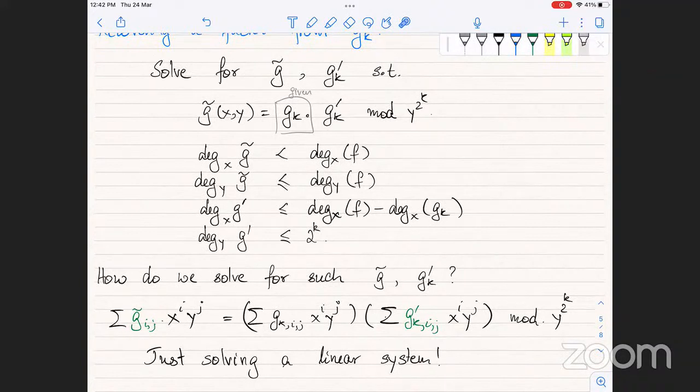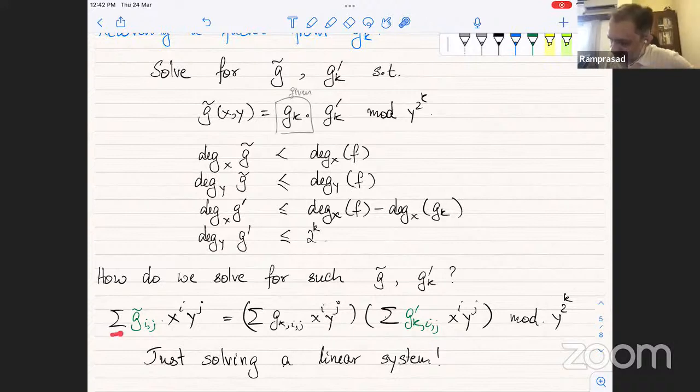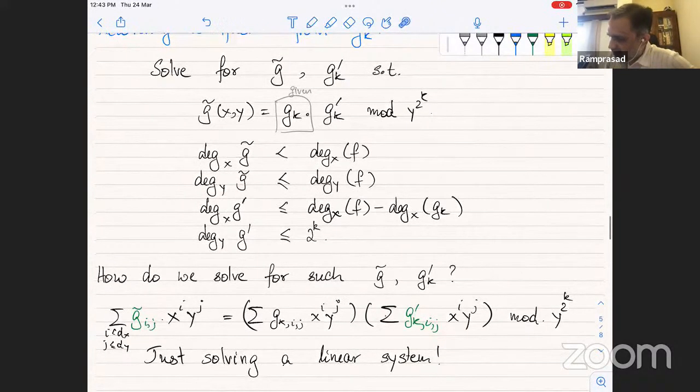One thing, the summation is over more than 2 to the power k or less? Good. So on the left hand side, the summation will be such that i is at most the degree of x and j is at most the degree of y, whereas this guy will go all the way till this, and j will go all the way till this.